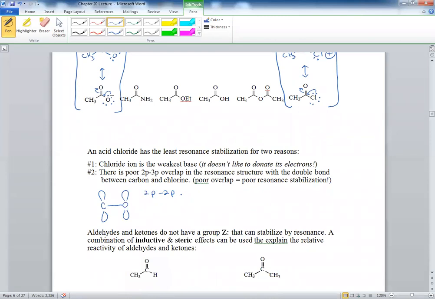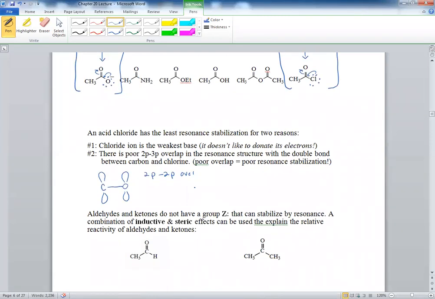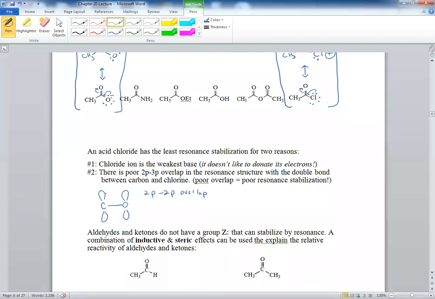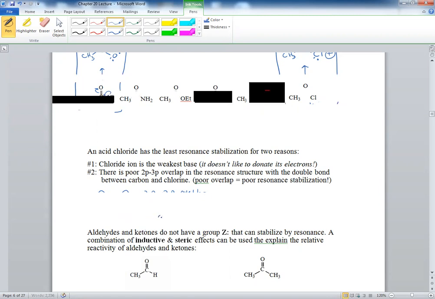They're in the same row, remember that, in the same period. So it's a strong overlap in comparison.